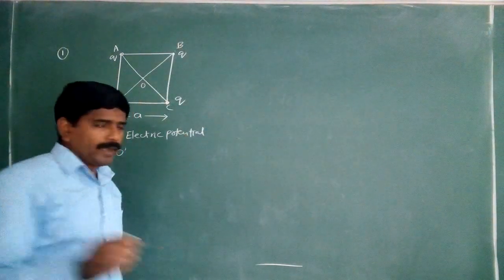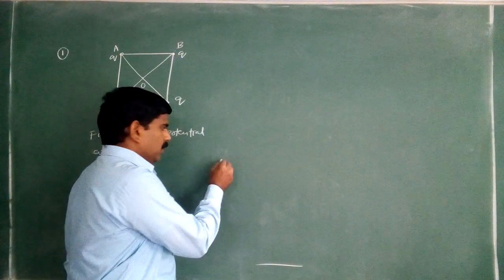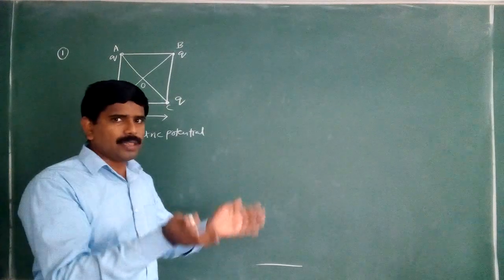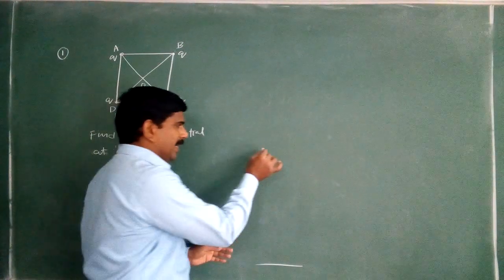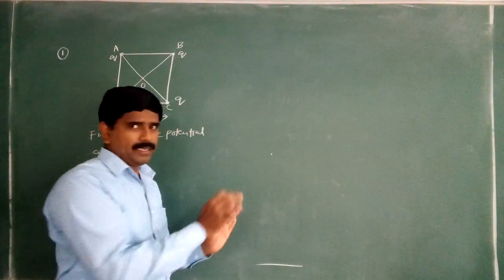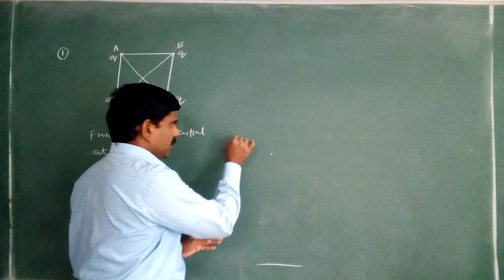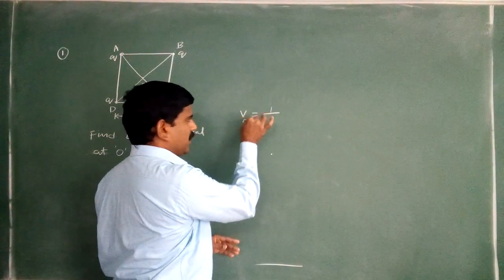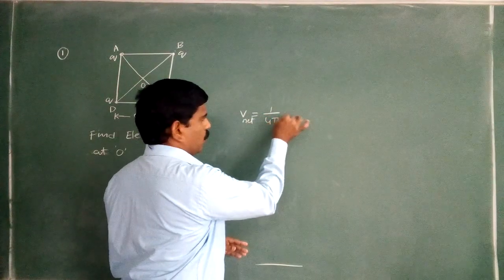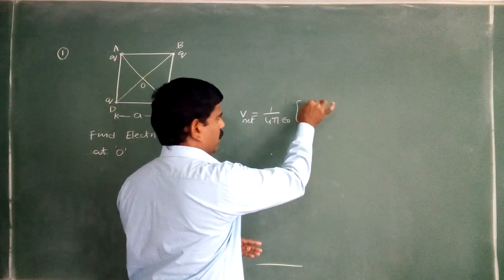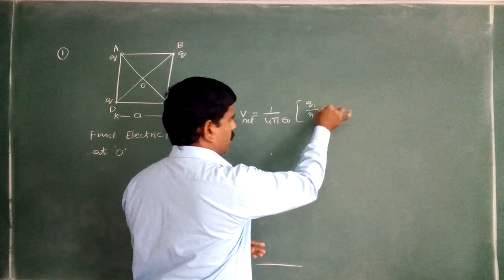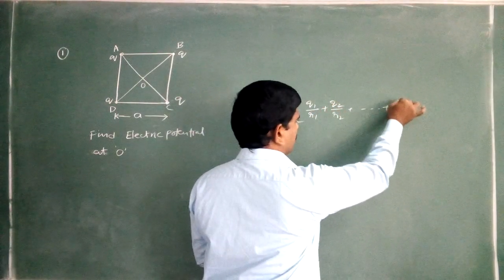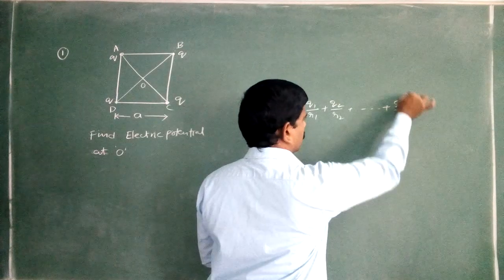Already we know that when more charges are there, the electric potential at a point due to all those charges is V net equal to 1 by 4 pi epsilon naught into Q1 by R1 plus Q2 by R2 plus and so on plus Qn by Rn.